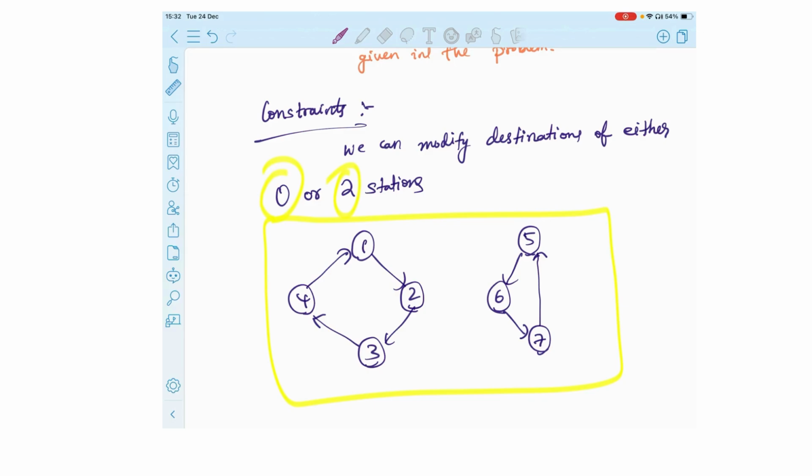If we just modify one station, let's say I'm removing this edge and changing the destination of 1 to the 6th station instead of the second station, then you can see that the second station here has only one outgoing edge and no incoming edge, and the sixth station here has two incoming edges. So if we change the destination of any one station, then we are bound to change the destination of another station. So now we have modified the graph without violating any constraints. That's why I meant either 0 or 2 stations, but doing it for only a single station will violate the constraint.